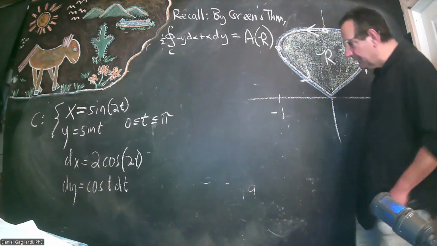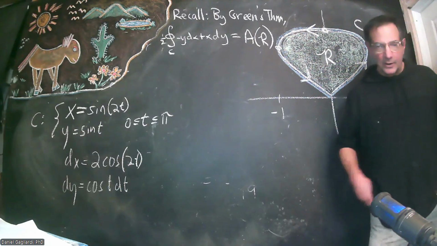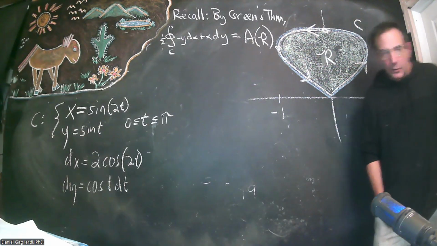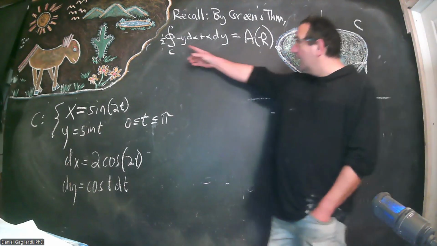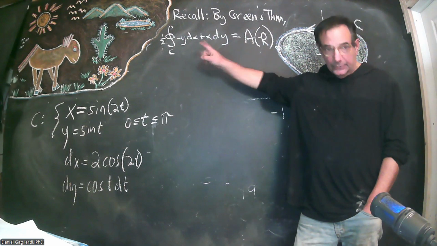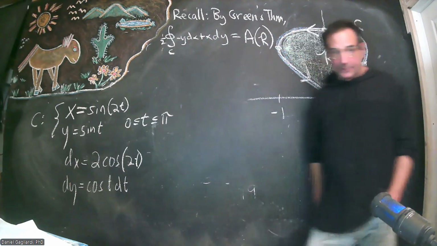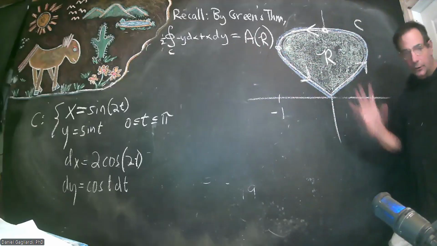Okay, so the next thing we're going to do is compute the area of this cardioid-shaped thing using the result from Green's theorem that if we do this particular line integral, and I want to stress that, this particular line integral, it will give us the area of the enclosed region.